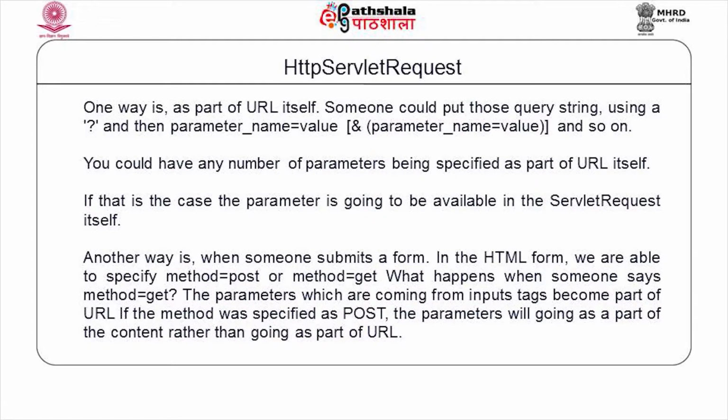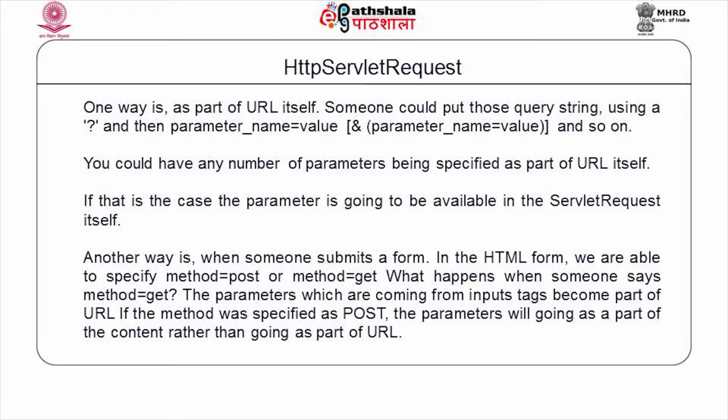In the form and slash form tags, we are able to specify method equal to post or method equal to get. What happens when someone says method equal to get? The parameters, which come from the input tags of the form, all go as parameters, but they become part of the URL.